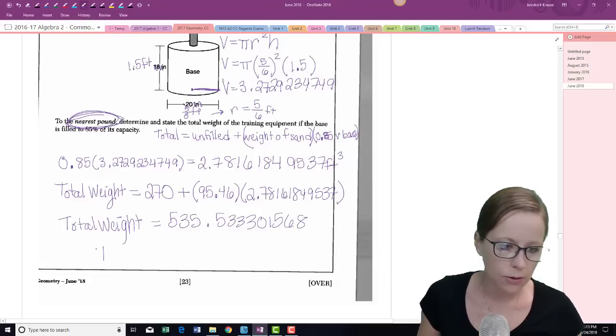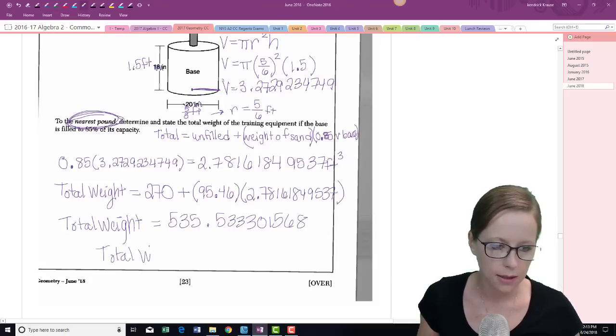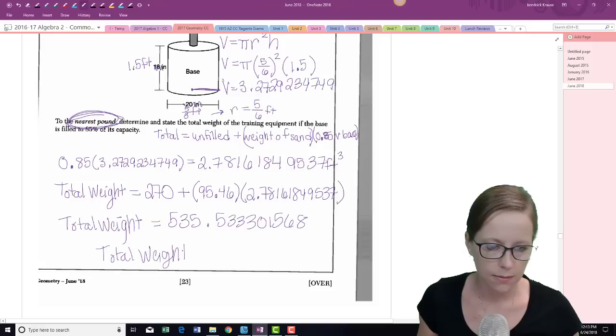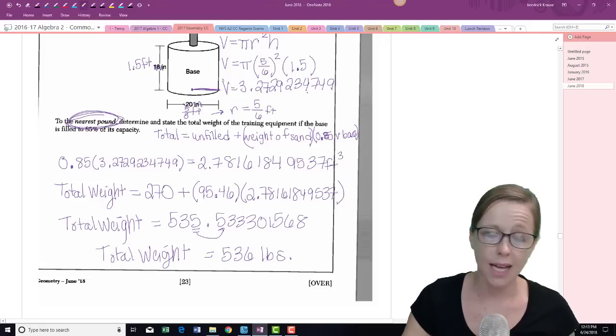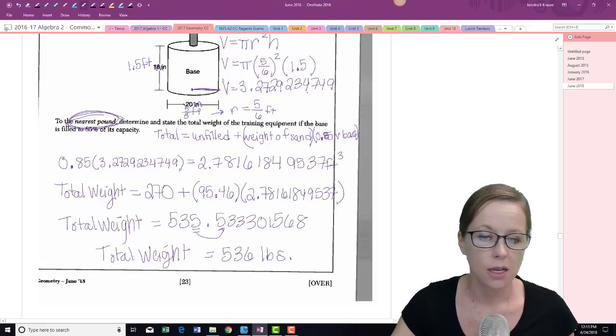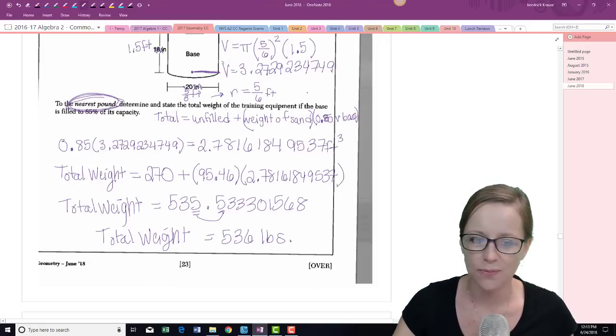Round to the nearest pound, so total weight is equal to, we want to round to here, so we look here, that tells me to raise 536 pounds. Not a bad volume question, considering the ones we have seen, right?